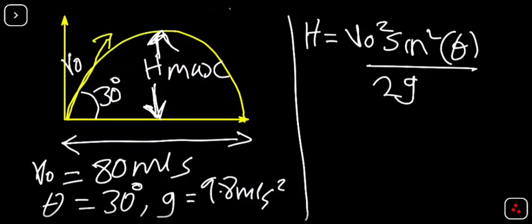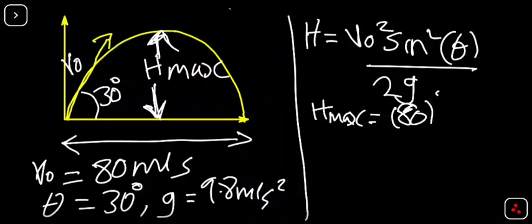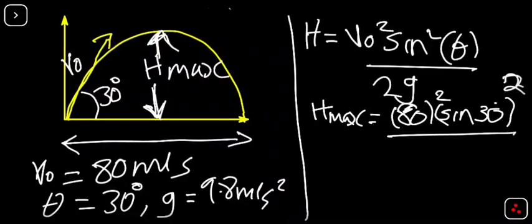Okay, so you say H, which is the H max, is equal to, you plug in the values. Our initial velocity is 80, so you say 80 squared, sine of our theta, which is 30, so sine 30 squared, over 2 times gravity, which is 9.8.